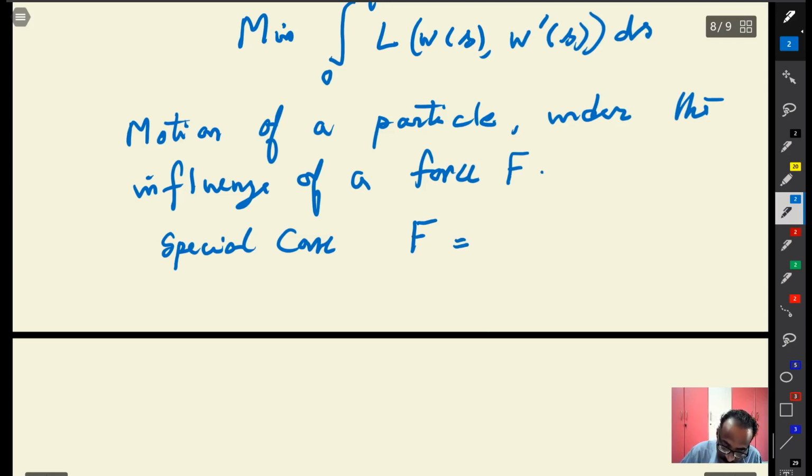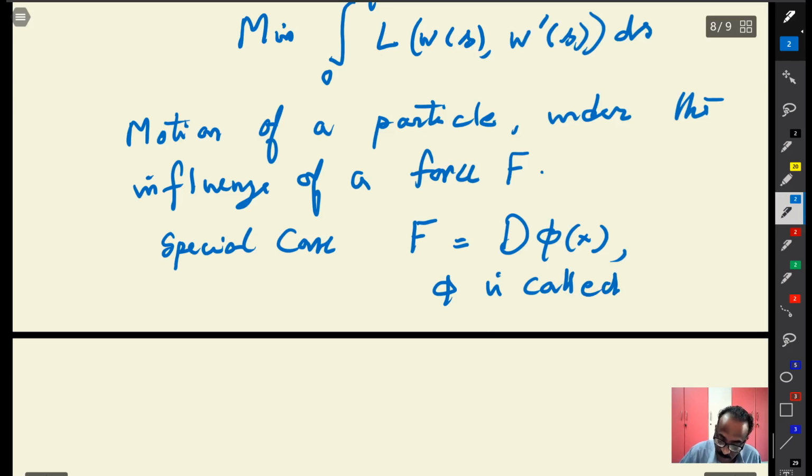F is equal to some d phi of x, and phi is called the potential. That is what the physics basically is in the Newtonian setting.